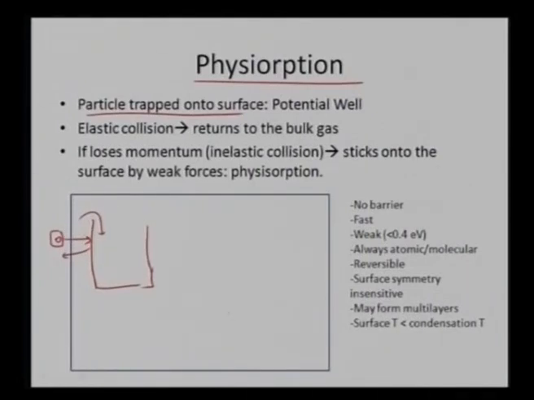It might come back, but it might also happen that upon collision it loses all its energy, so its energy comes down to a very low value, and then it can just stay here without bouncing back. In the first case, with elastic collision, it strikes a molecule and then comes back or goes to some other location without sitting on this particular site.